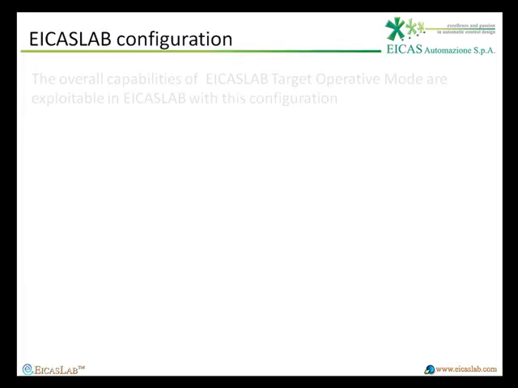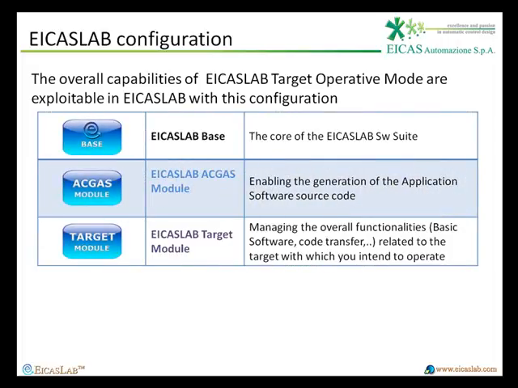For exploiting the overall capabilities of the EICASLAB target operative mode, you need the EICASLAB base, that is the core of the EICASLAB software suite, the EICASLAB ACG module, enabling the generation of the application software source code, and one or more EICASLAB target modules managing the overall functionalities, such as basic software and code transfer, related to the target with which you intend to operate.